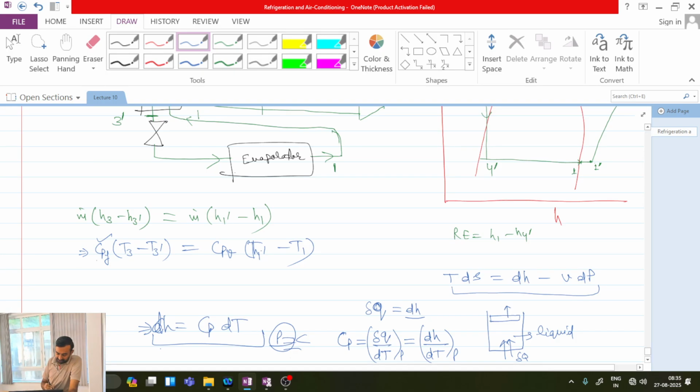Now what I am saying is Cpf into T3 minus T3 dash, and this Cpv into T1 dash minus T1. Cpf is nothing but specific heat of liquid, which is significantly large in comparison to specific heat of the vapor. So what I will be getting in the temperature conditions?